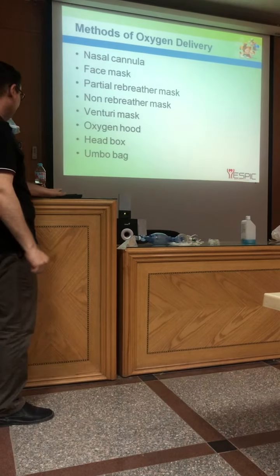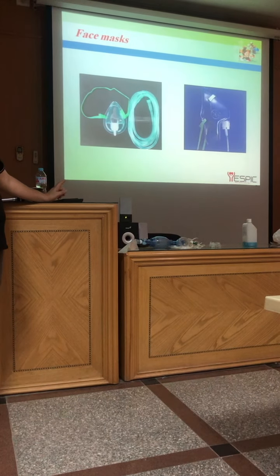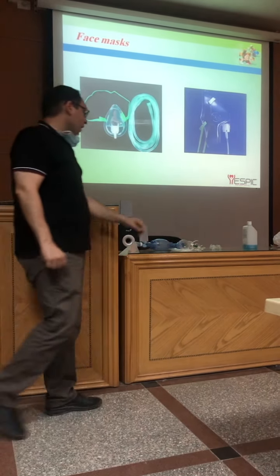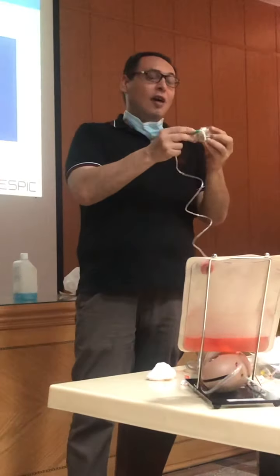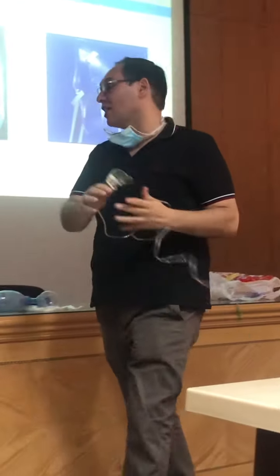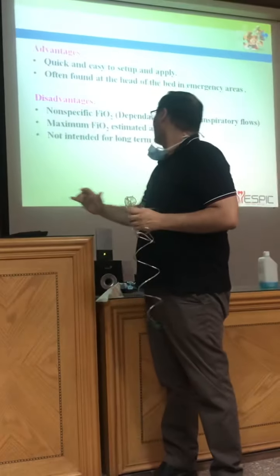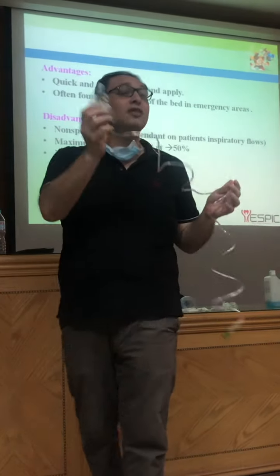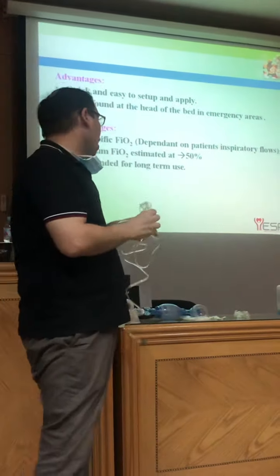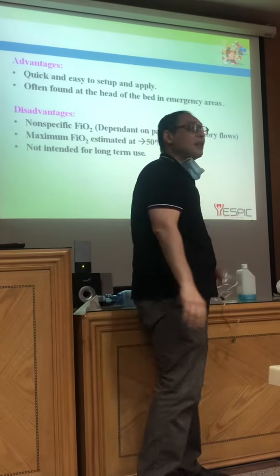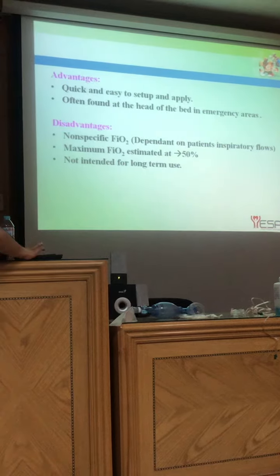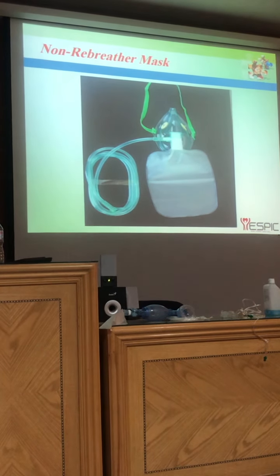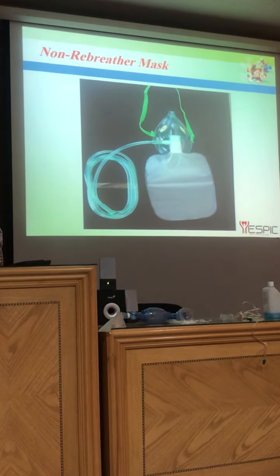At first, the face mask. This is the face mask. How much oxygen does the face mask give? It gives 50% oxygen. So I cannot use the face mask in severely distressed children, in which I should use the non-rebreather mask.